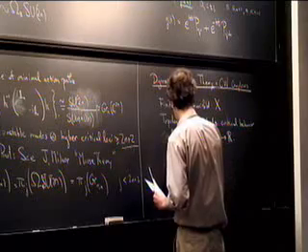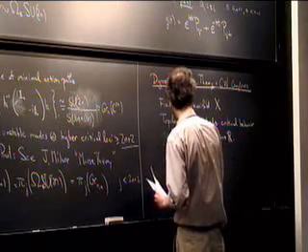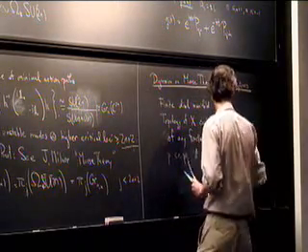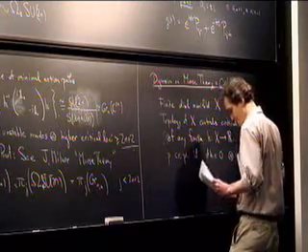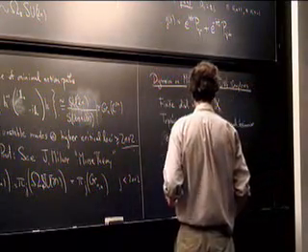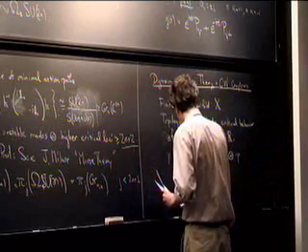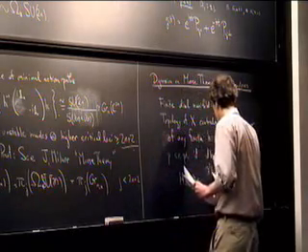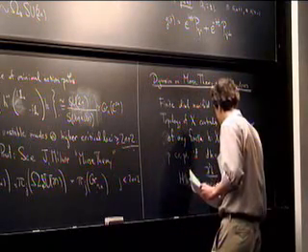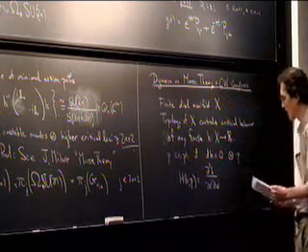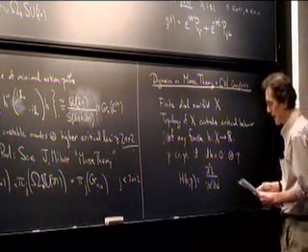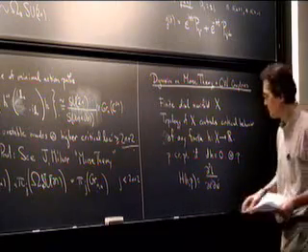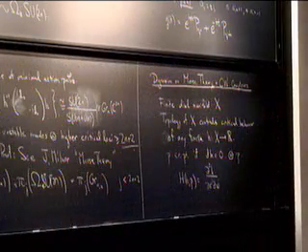So let's recall that P is a critical point if the derivative of h is 0 at P. And at a critical point, we choose some coordinate system, and we can form the Hessian, which is the matrix of second derivatives. So that's some quadratic form.